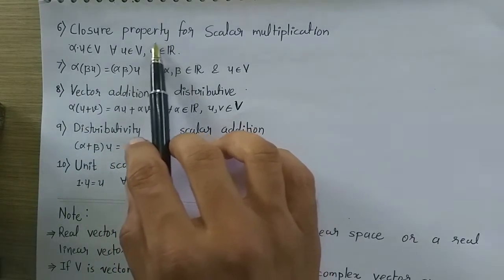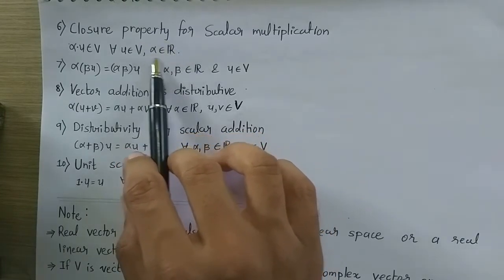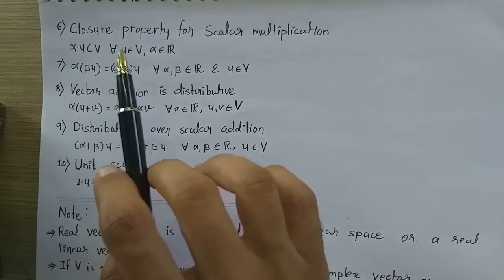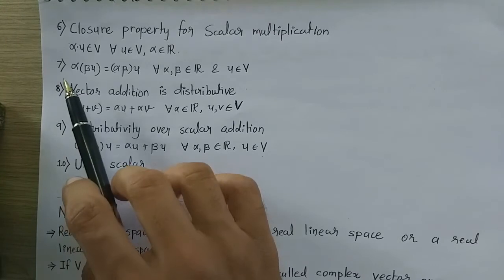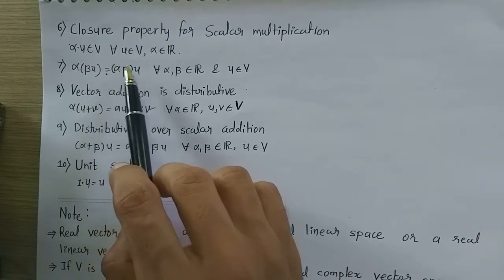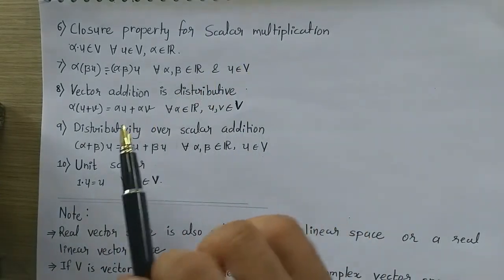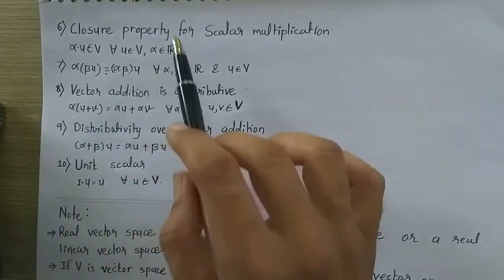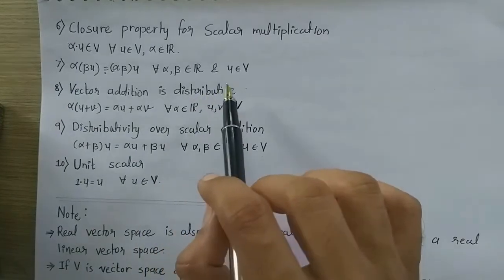Here we study only the real vector space. So all our scalars are from the real numbers R because we define the real vector space. Second is (alpha beta) u is equal to alpha (beta u) for all alpha, beta belongs to R and u belongs to V. Third is the property for scalar multiplication: vector addition is distributive.